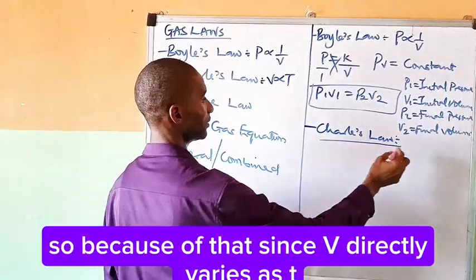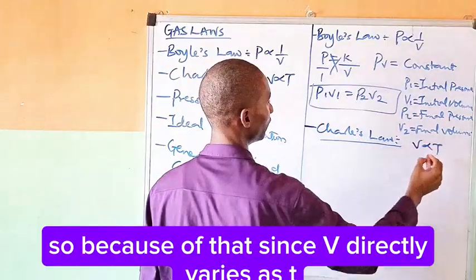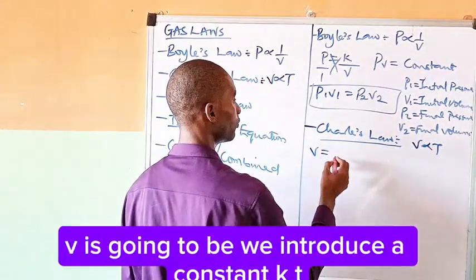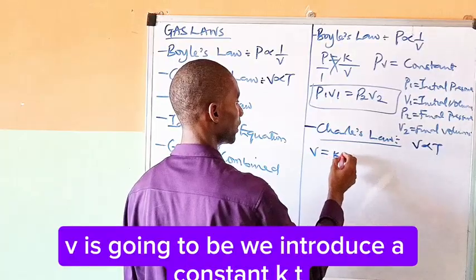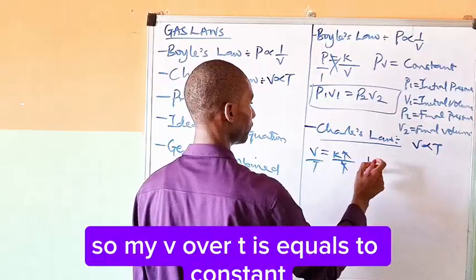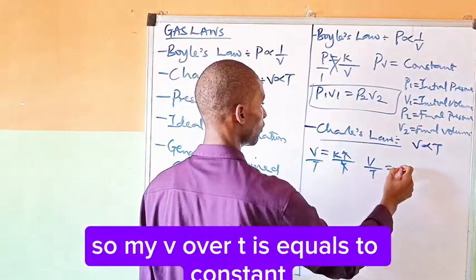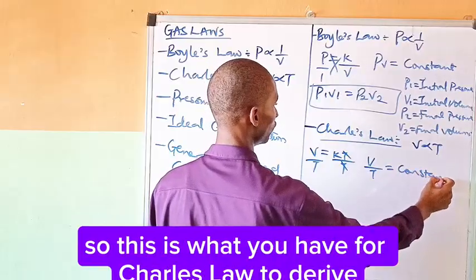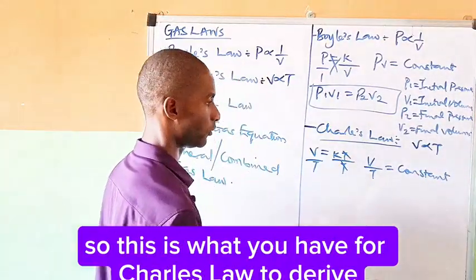Since V directly varies as T, we introduce a constant K, so V equals KT. I'll divide both sides by T, so V over T equals a constant. This is Charles' law.